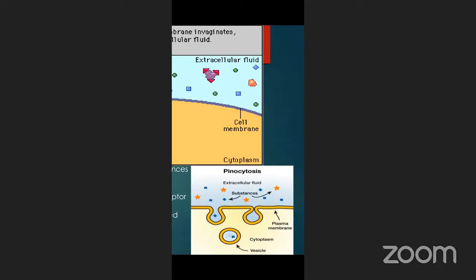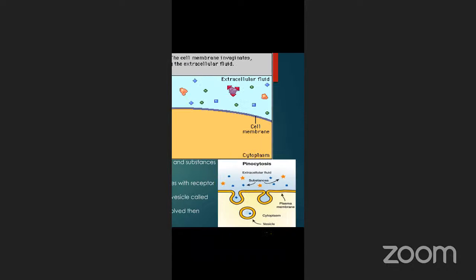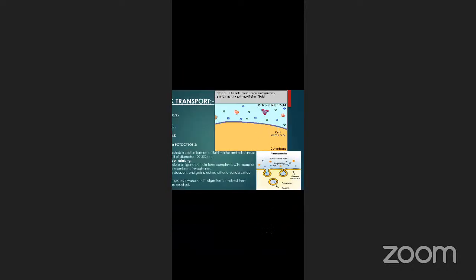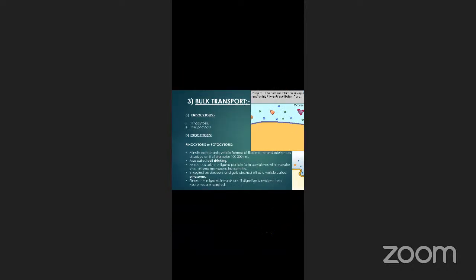Whenever fluid enters the cell, the plasma membrane bends inward, forming a vesicle, and the two membranes fuse to form a vesicle, which is released into the cytoplasm. This is how it happens. That vesicle is called a pinosome. This pinosome migrates inwards, fuses with the lysosome, and digestion happens.